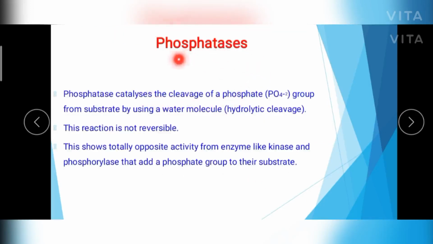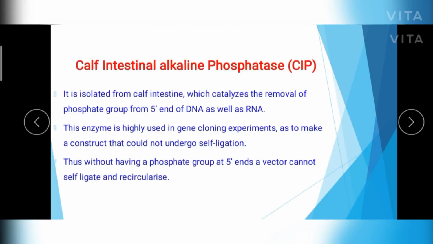Coming to the next class of enzymes, phosphatases. Phosphatases catalyze the cleavage of the phosphate group from the 5' end of the DNA molecule. You know that DNA contains a phosphate group at the 5' end and a hydroxyl group at the 3' end. That 5' phosphate is removed by these phosphatases, and this reaction is reversible.